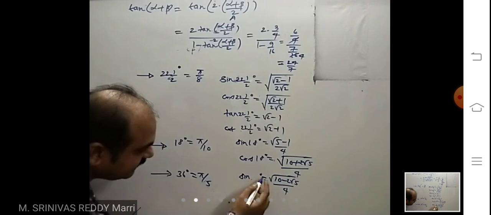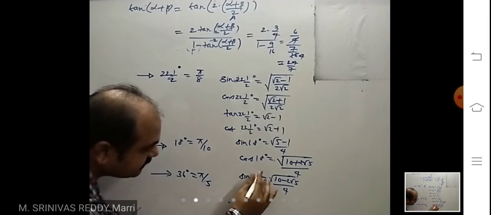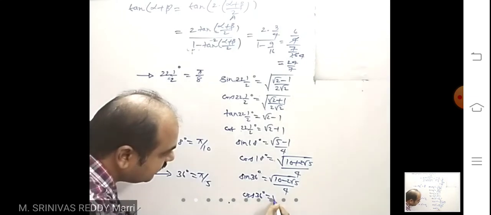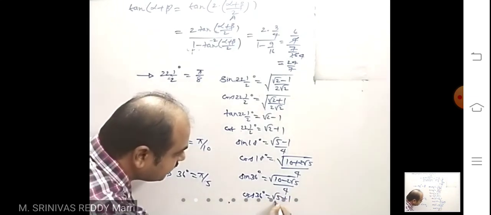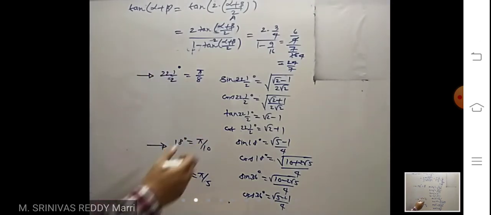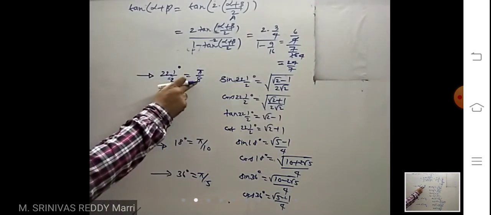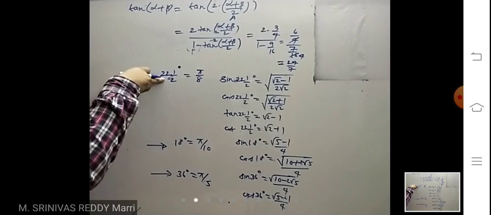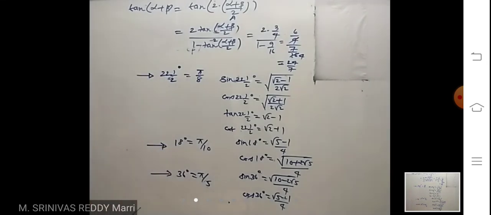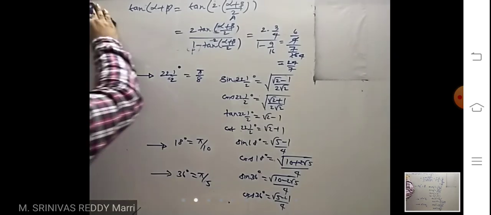Cos 36 degree is nothing but root 5 plus 1 by 4. Remember these values. Now 22.5 degree is a table angle, 18 degree is a table angle, and 36 degree. These three angles are added to your group.